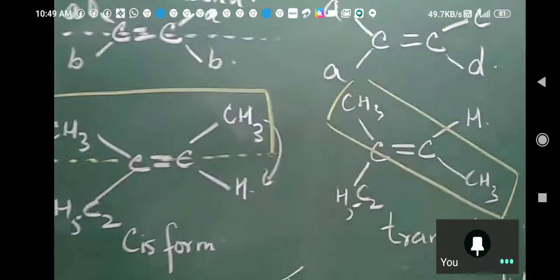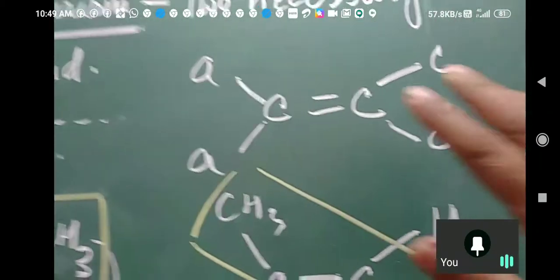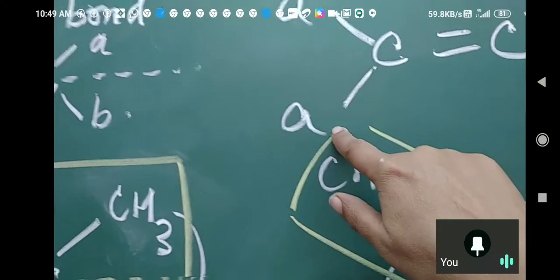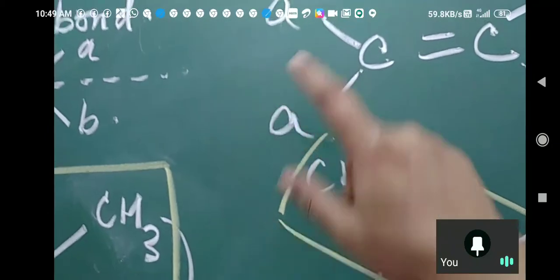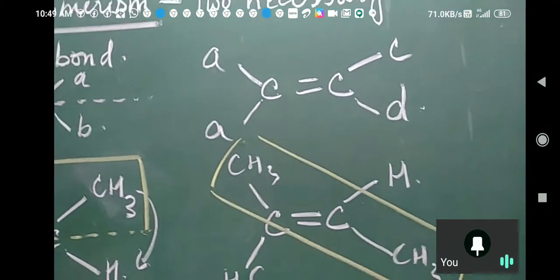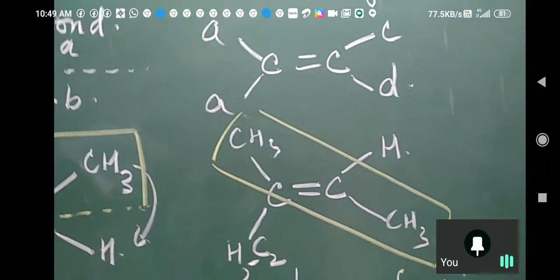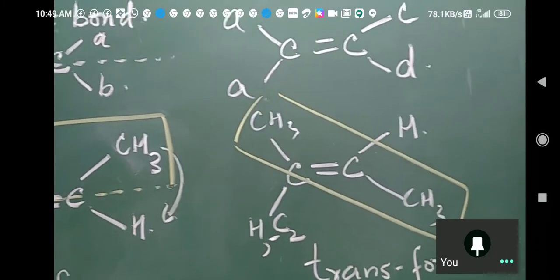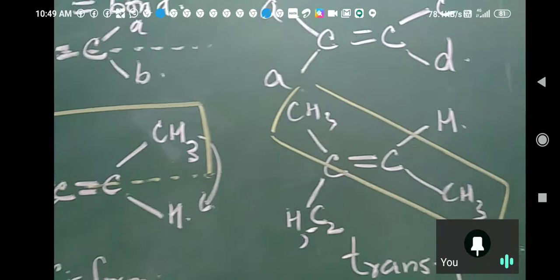Okay, now some other day I will also discuss this condition. It can be A, B. Instead of A, you can have another different group. A, B, C, D. All four can be different. Then too we can have a type of isomerism, and that is known as EZ isomerism.